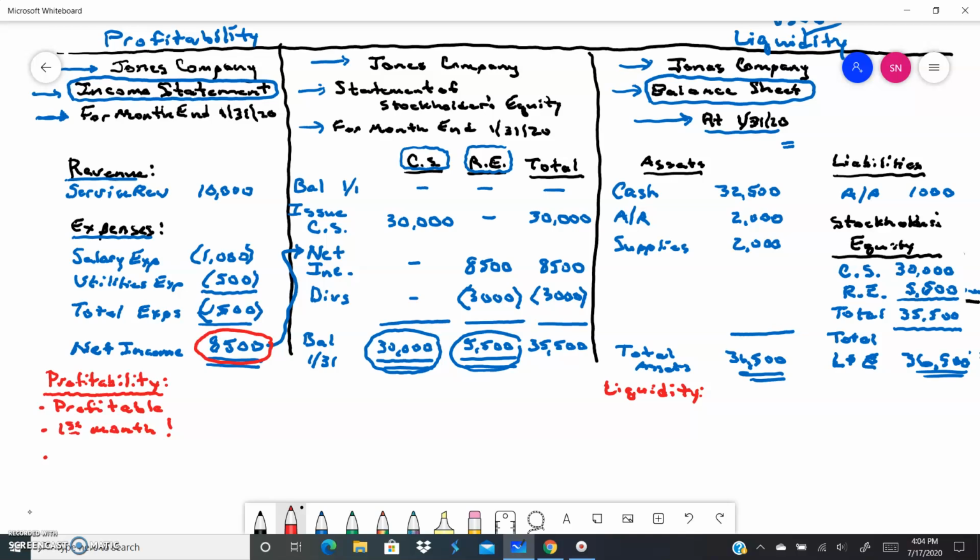The other thing we could look at is the ratio of our net income to our sales. So we could look at 8,500 to 10,000. And we could see that that's 85%. Now, we could look at that relative to other companies that are in the same industry. We could look at this relative to future months.